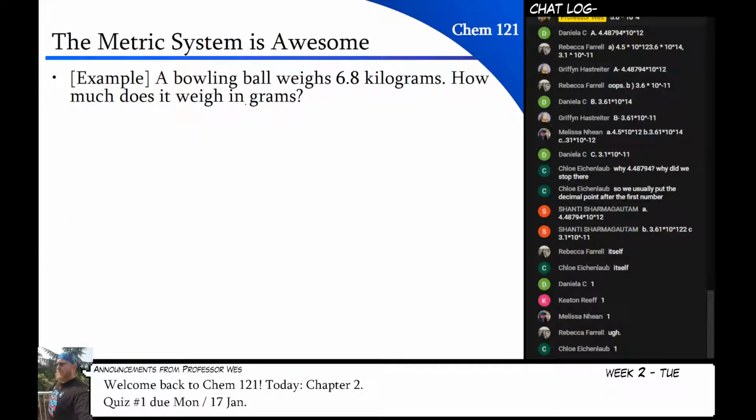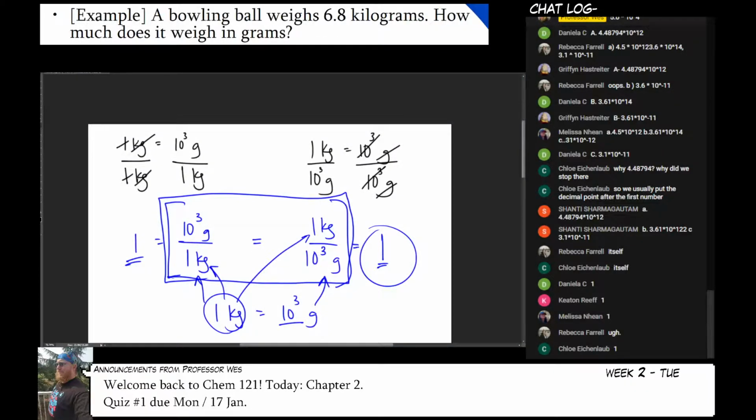All right, so let's do an example. I have a bowling ball that weighs 6.8 kilograms. I want to know its weight in grams. Oh, that lined up exactly. Look at that. Oh, my pen was too close to the tablet again.